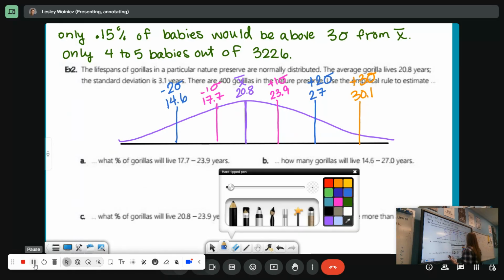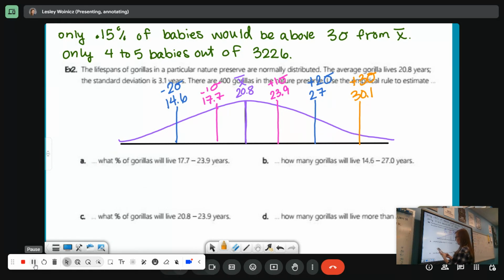Now I'm going to subtract 3.1 again to get my minus 3. Minus 3 is 11.5.